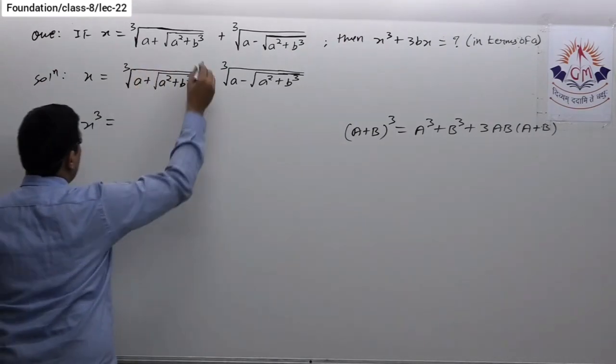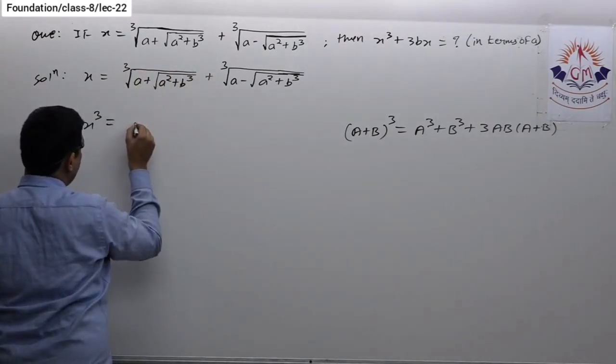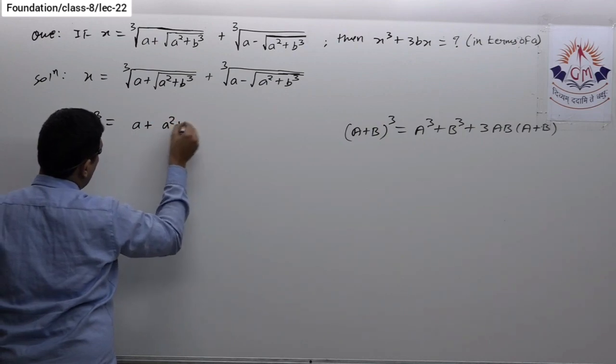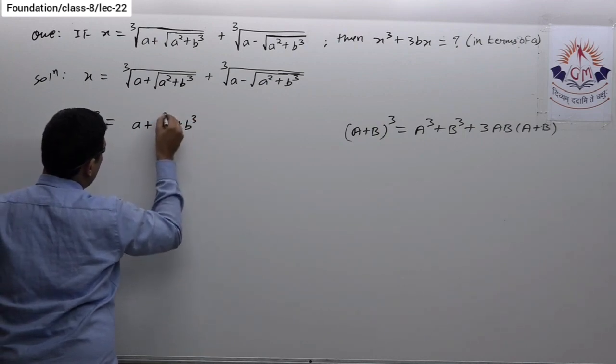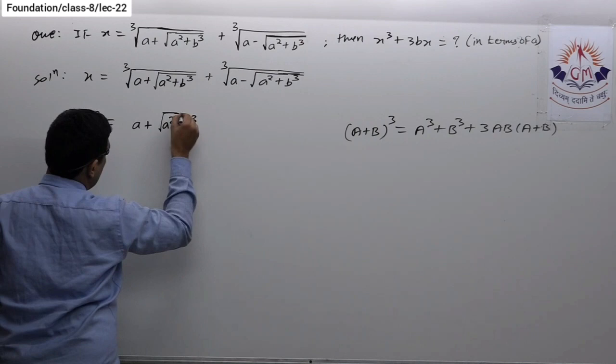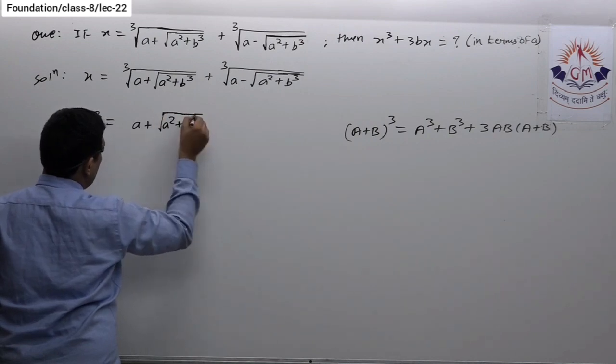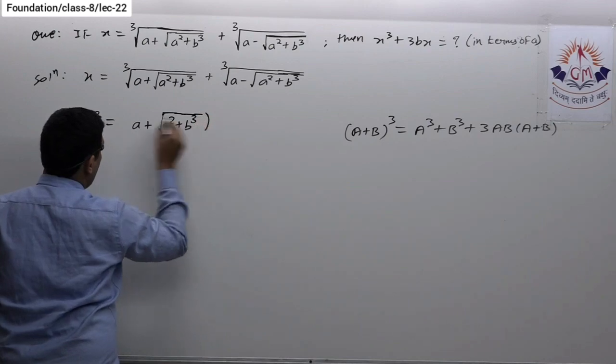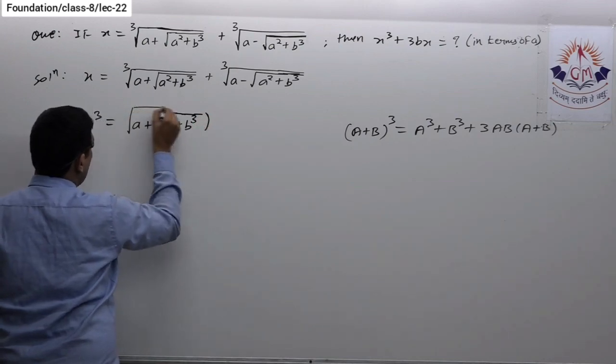So when I say cube of this, see this is actually a square plus b cube in this way, and this is a cube root.